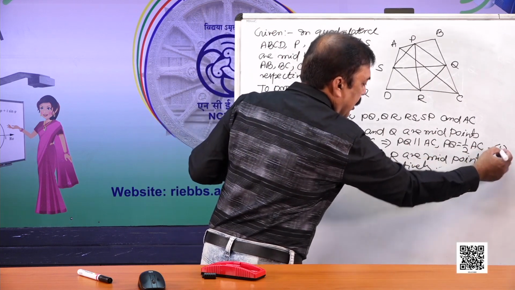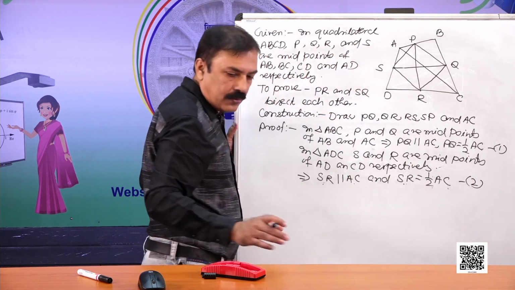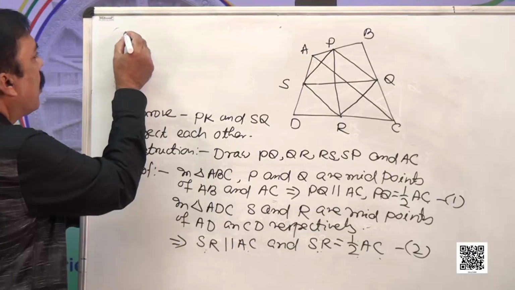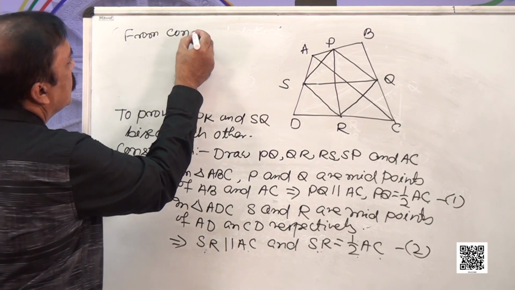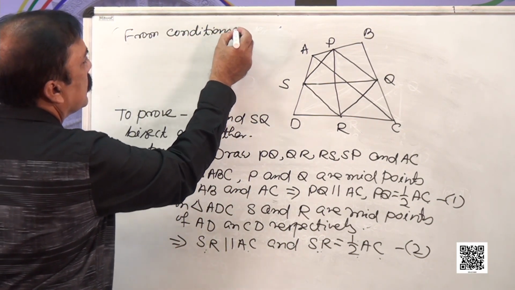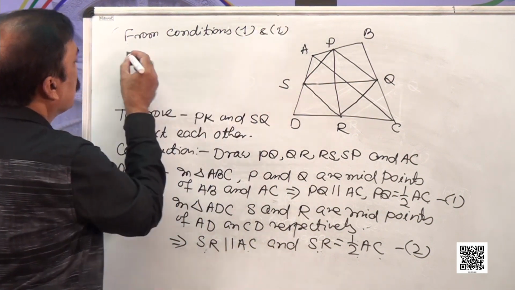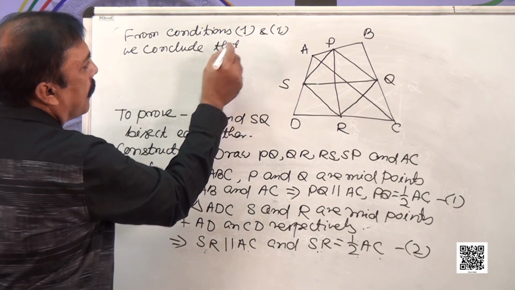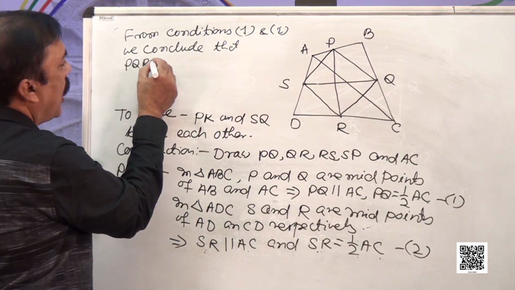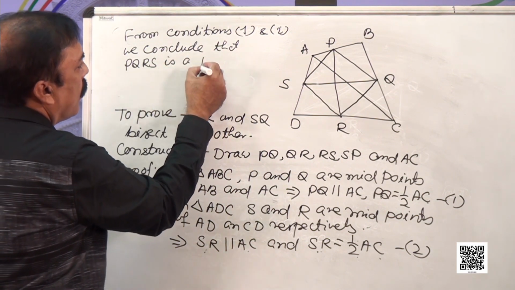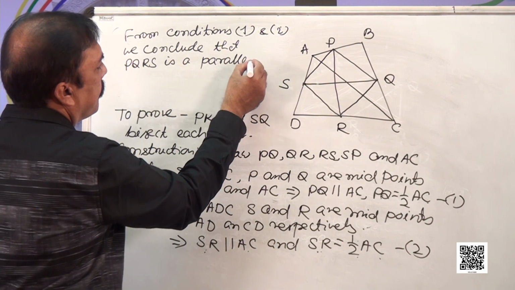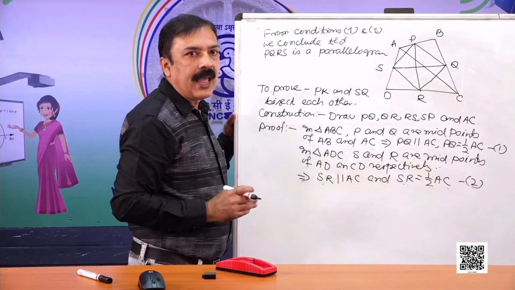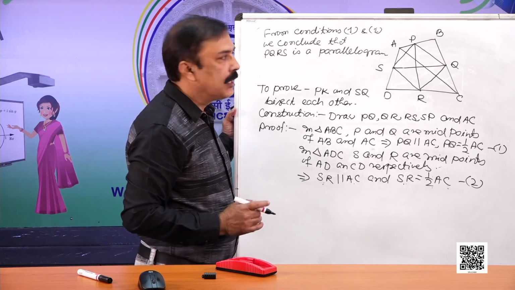So, we can name these two conditions as 1 and 2. So, from conditions 1 and 2, we conclude that PQRS is a parallelogram. And we know that the diagonals of a parallelogram bisect each other.